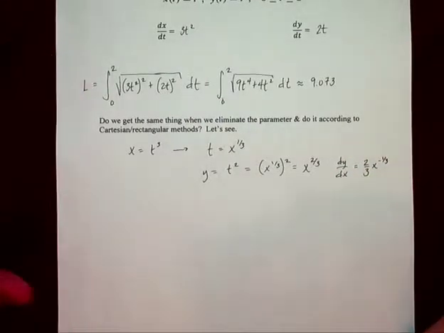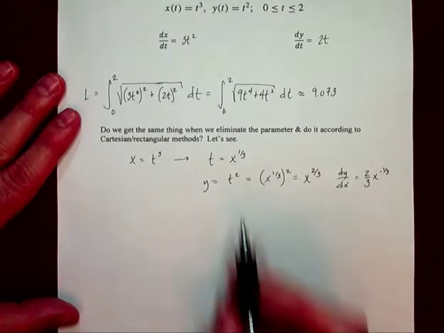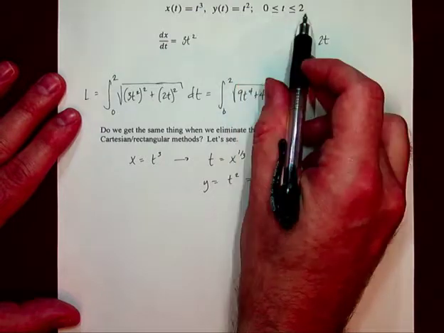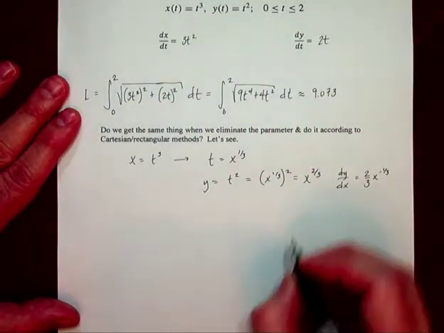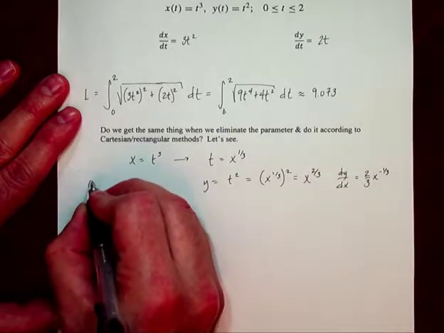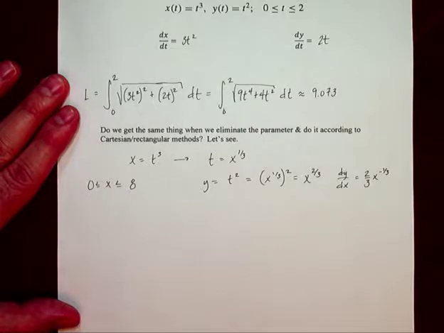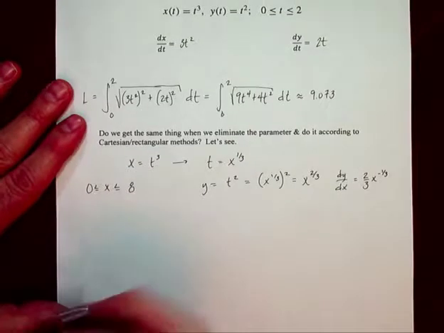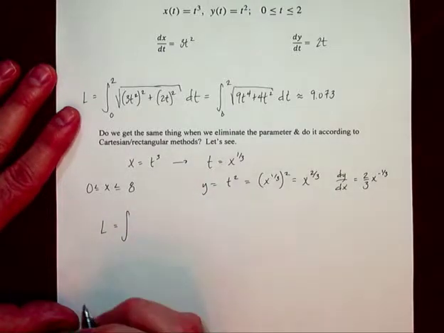We also need to redo our limits of integration. I know that if t is between 0 and 2, then t cubed is between 0 and 8. So our limits of integration here are between 0 and 8. Let's set it up in rectangular.